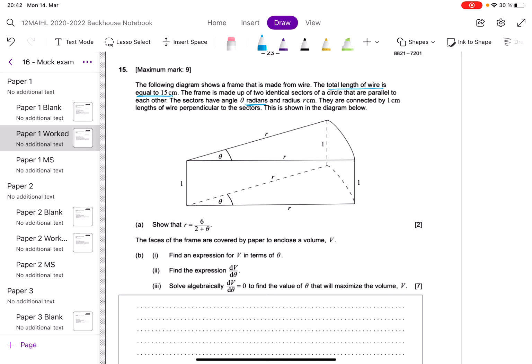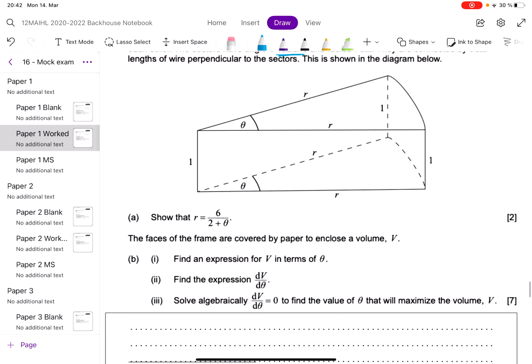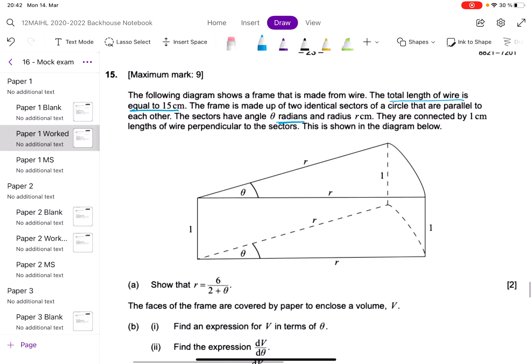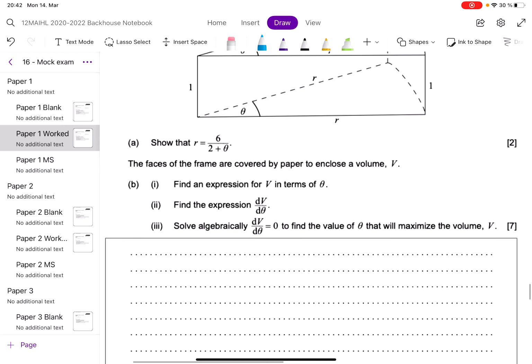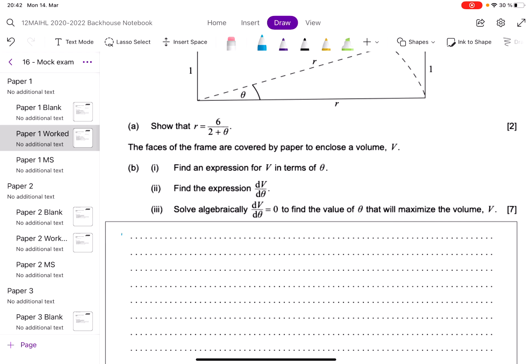Show that r equals 6 over 2 plus theta. It's hard to tell where that is coming from at the moment. But the thing that we have been told is that the amount of y is 15. So that's all you can really go off, I think. So we're going to have to use that.